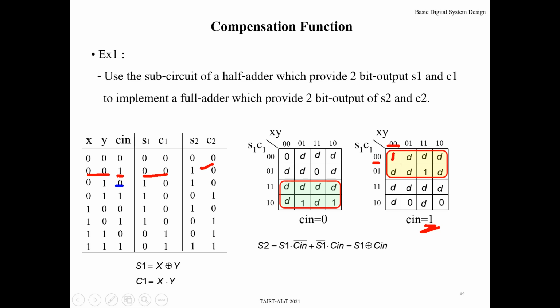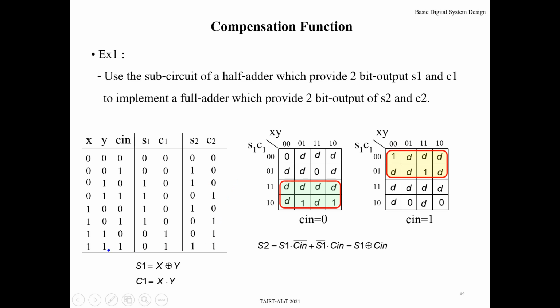Then 0, 1, 1, 0, 0, 1, 1, 0, at here it becomes 1, and so on. If your input is 0, 0, 0, 0, 0, S2 is 0, and so on.